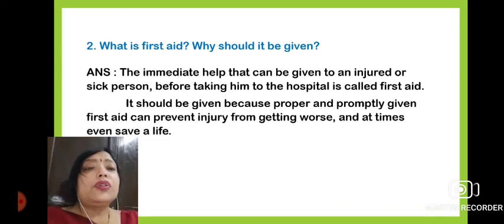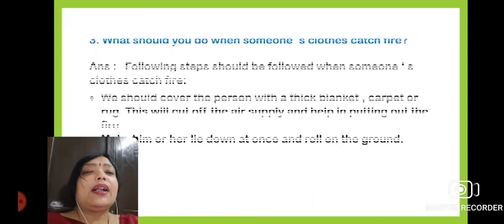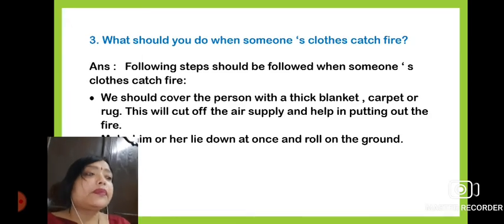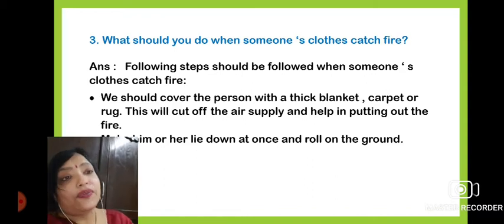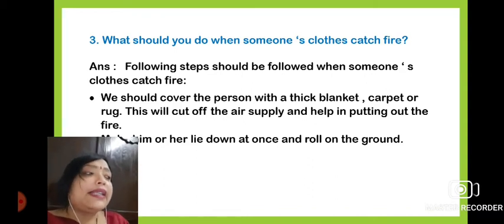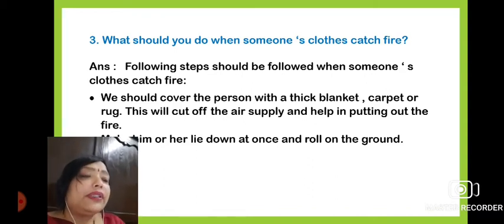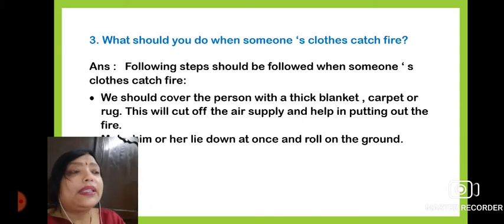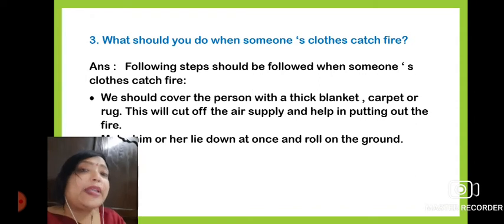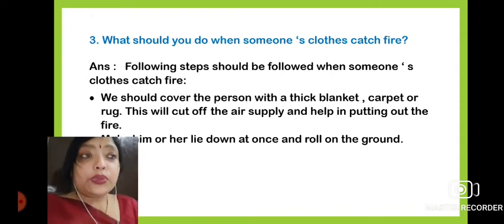Okay. So the next question is, what should you do when someone's clothes catch fire? When a person's clothes catch fire, we should cover the person with a thick blanket, carpet or rug. Now, why do we do this?